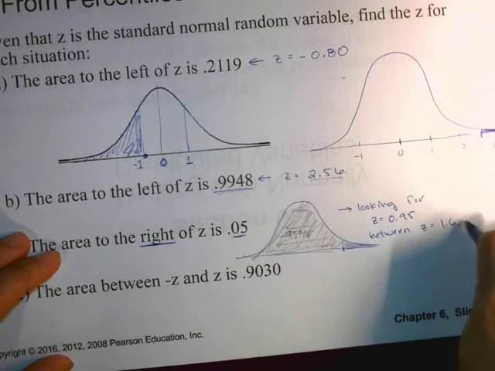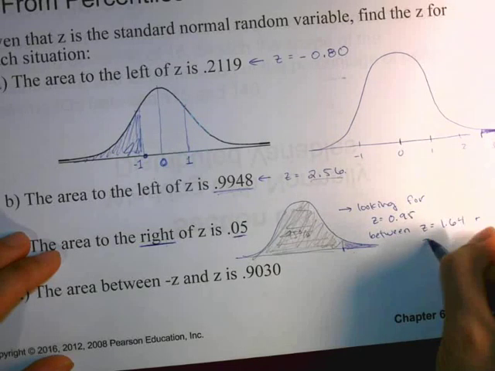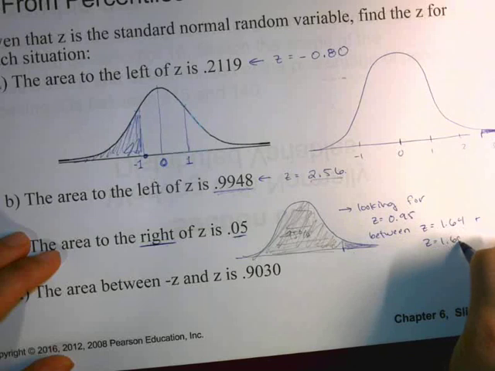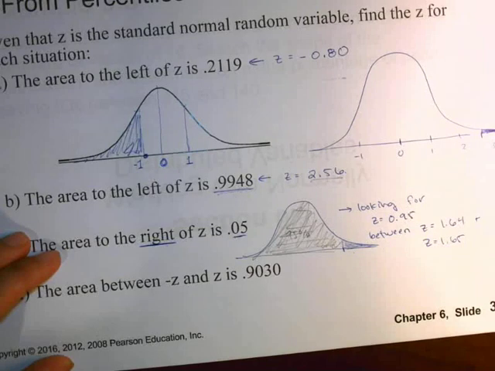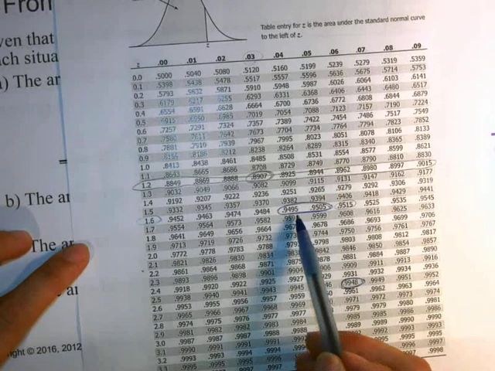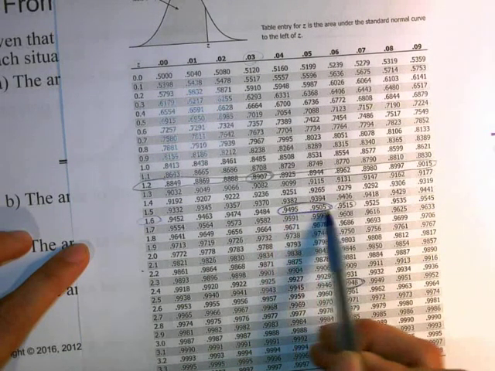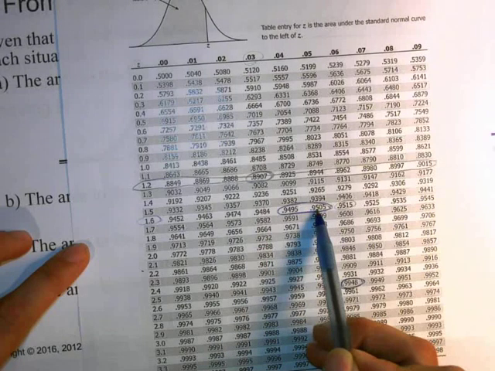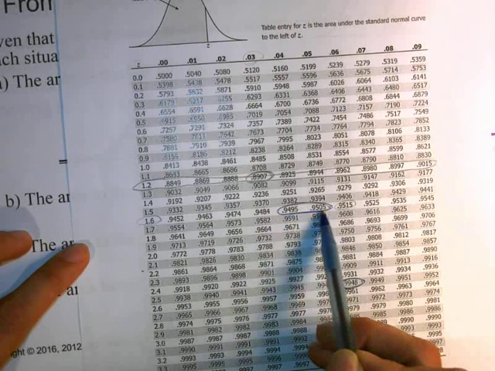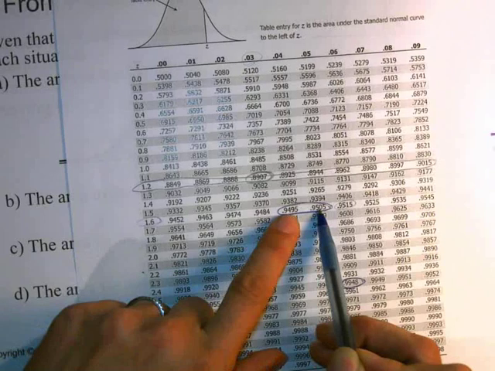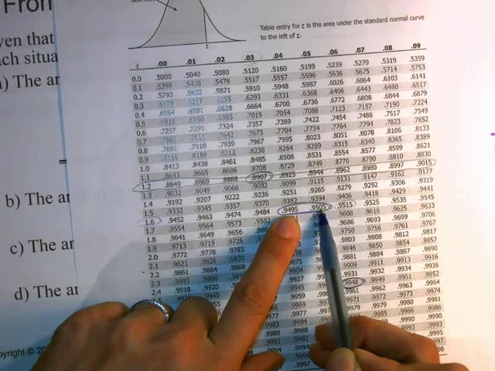So this is z equals 1.64 and z equals 1.65. So in the last example that we did like this, where the z value was between the two numbers, there was one number that was closer to the number we were looking for.